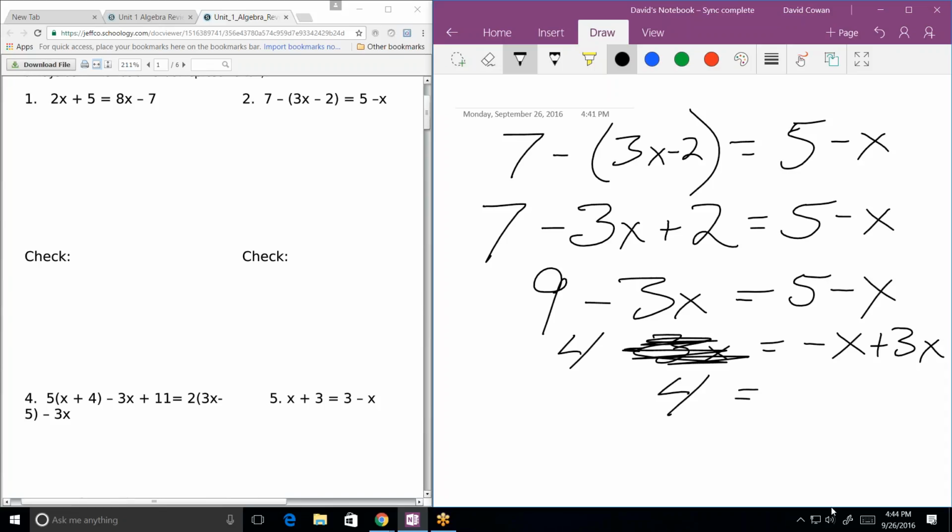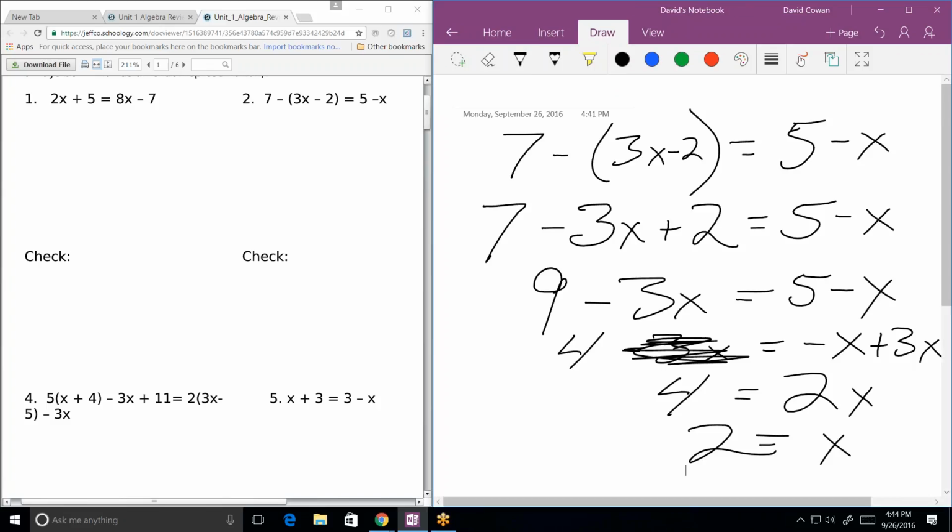In other words, when you added 3x to both sides, it left 4 on the left side. On the right side, you have minus 1x plus 3x. Well, how many x's is that? Minus 1 plus 3 x's is 2. Now, the final line. 2 equals x.